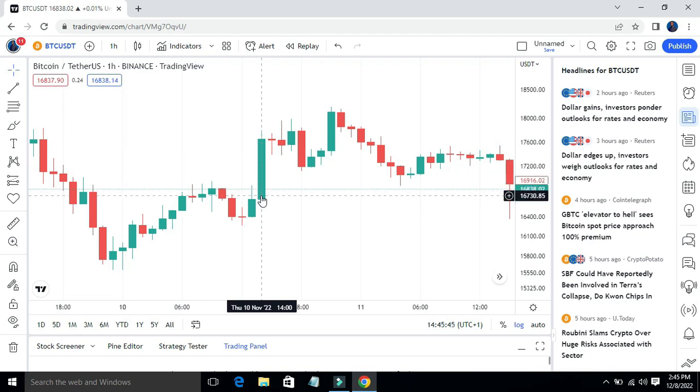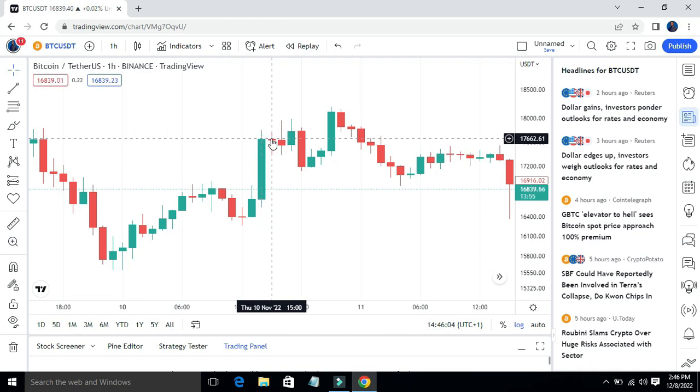Then this one gave a bullish momentum and came back here and ends. So a candle doesn't end with the wick, rather it ends with the body. Here is where the body of the candle ends, and that's where another one will start.